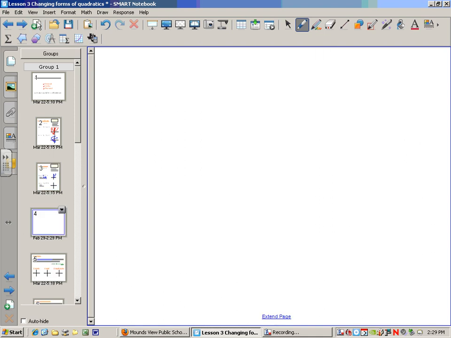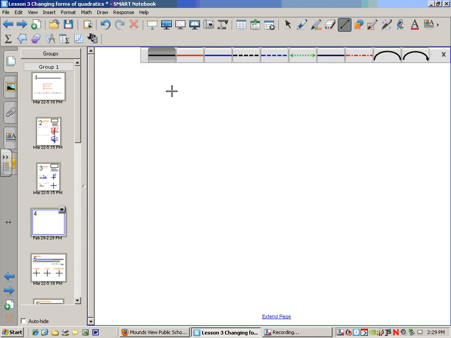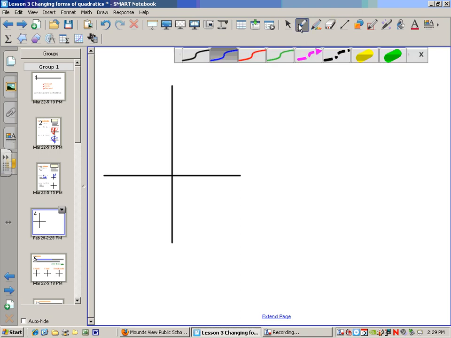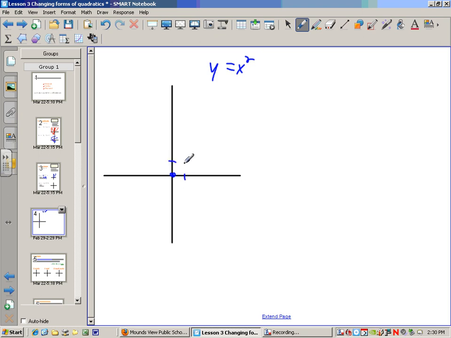Let's go on a new sheet for a second. A scale factor of 1 will mean that if I take my normal function y equals x squared, if I go to the right 1, I go up 1. If I go to the right 2, now I go up 4.